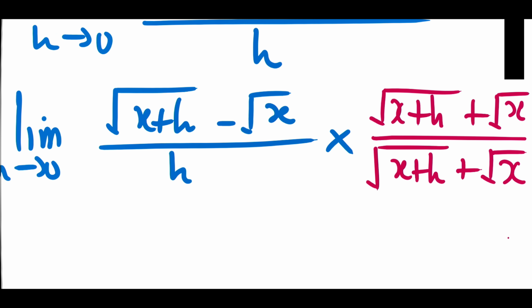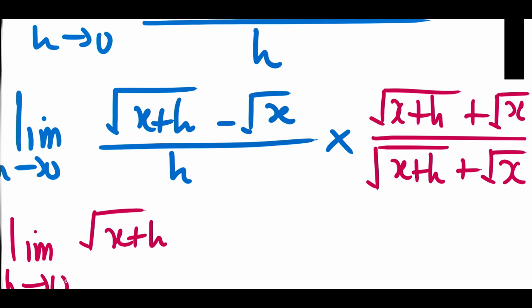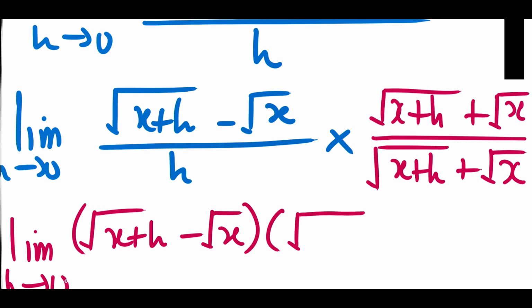So we'll be getting the limit as h approaches 0. So we multiply a numerator by a numerator. Anytime you are multiplying two fractions, square root of x plus h minus square root of x, that is the numerator of the first fraction, multiplies the numerator of the second fraction, which is the same thing, but just that the sign changes to plus: square root of x plus h plus square root of x.